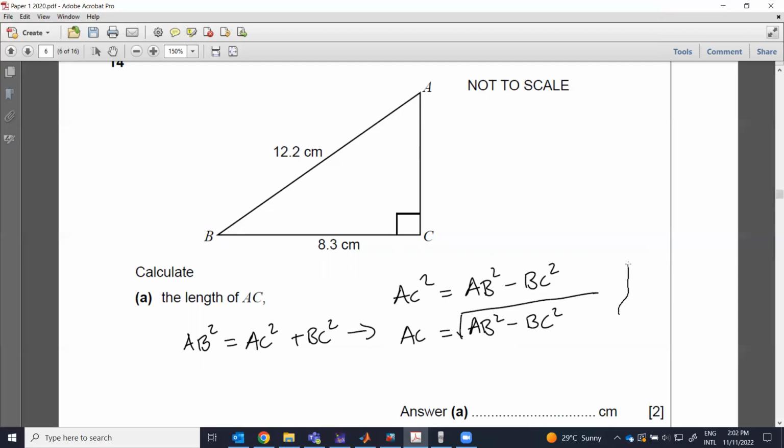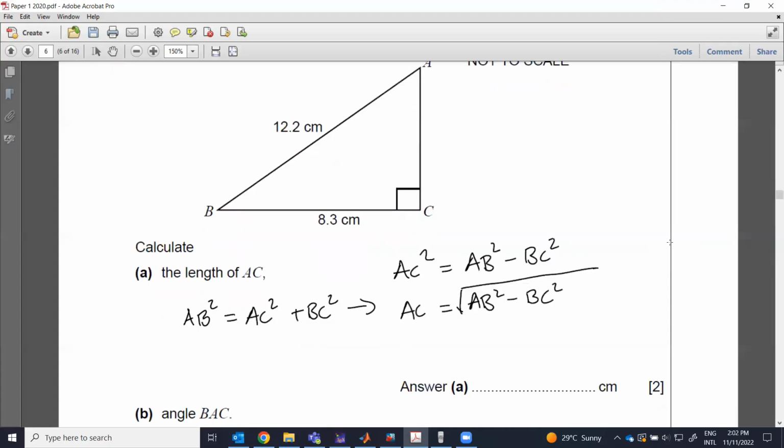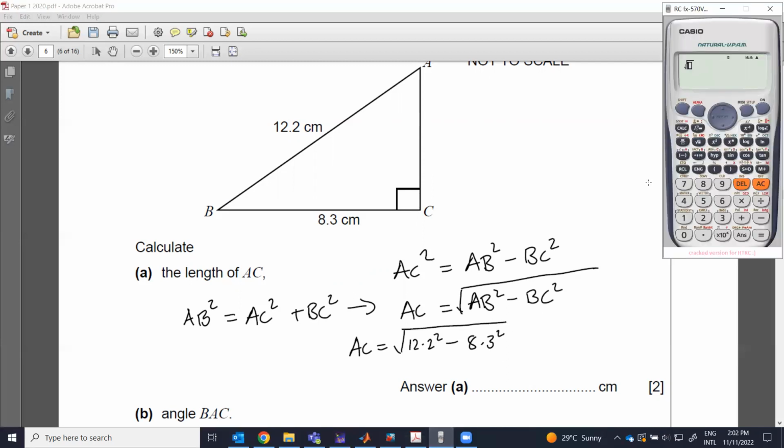Okay, so I do it over here, AC, this is the square root. What is my AB? It's 12.2, you square it. My BC, this is 8.3, you square this, and this you just type in on your calculator exactly the way I have it.